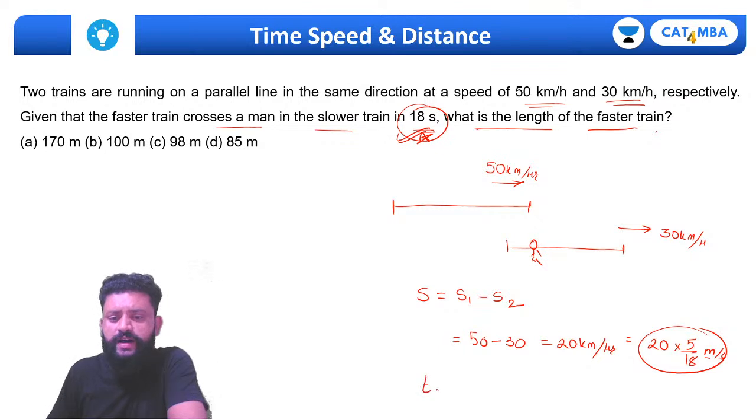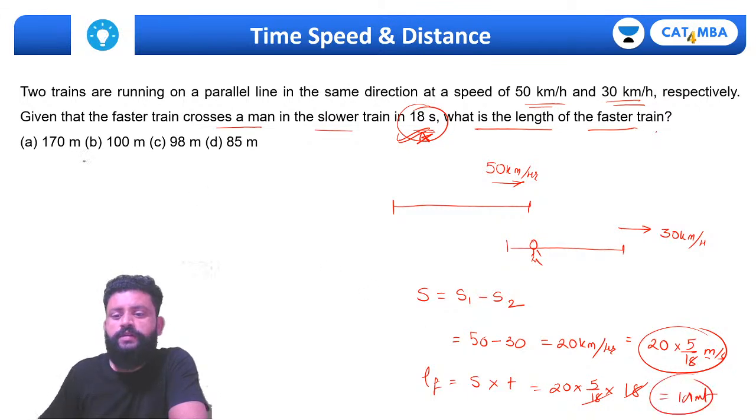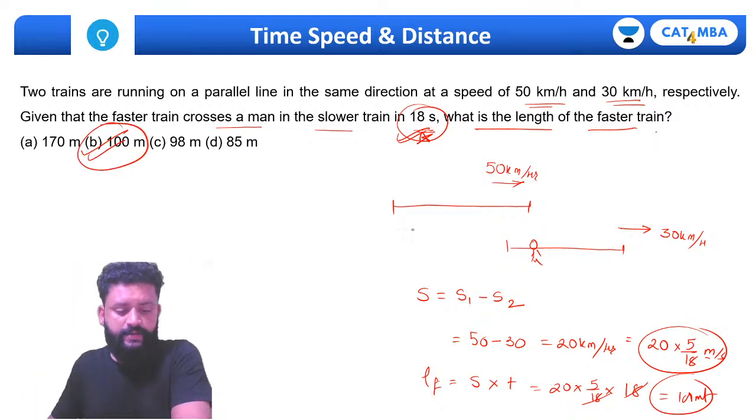So length of the faster train, LF, must be equal to speed into time. So relative speed here is 20 into 5/18 into time 18 seconds, so it has to be 100 meters. As simple as that. Answer option B is the correct answer.